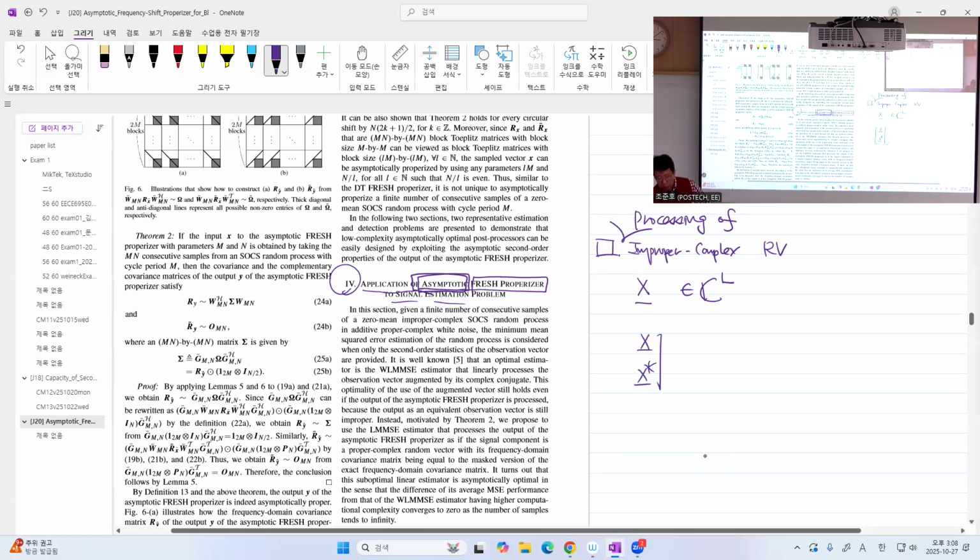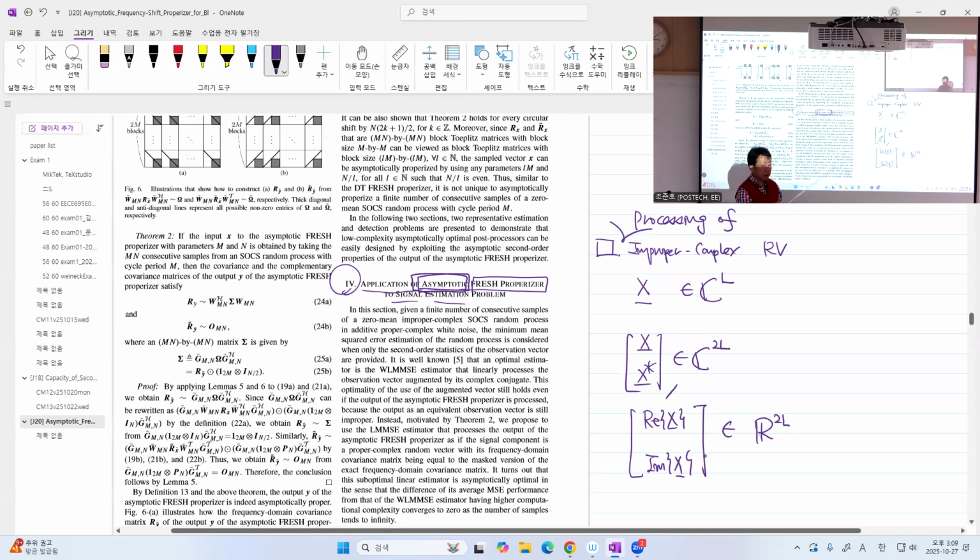You put the conjugation of it, so your vector is now twice the length of the original one. And another one is that you just take the real part and imaginary part, so you convert the vector into a length 2L real valued random vector.